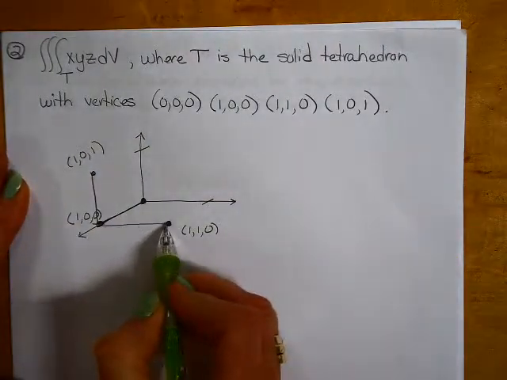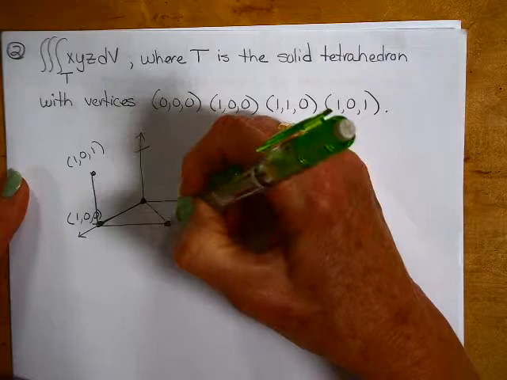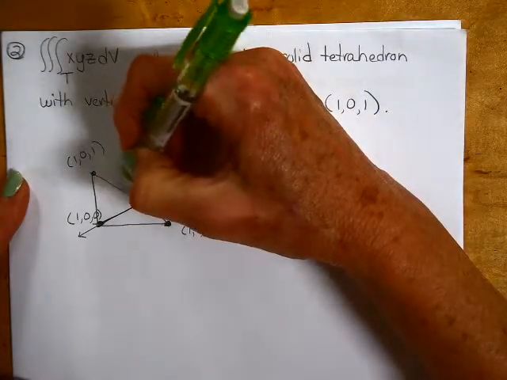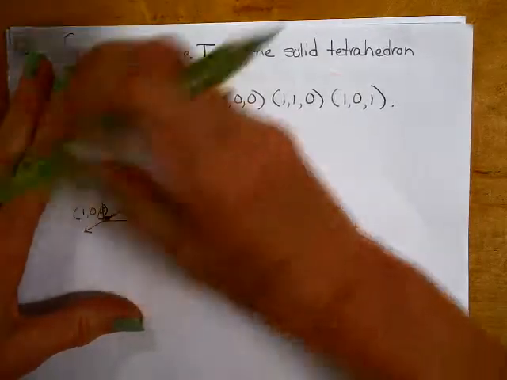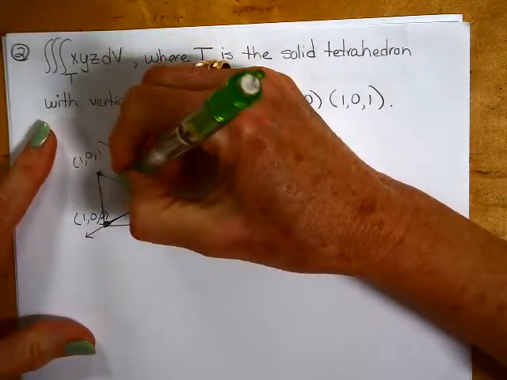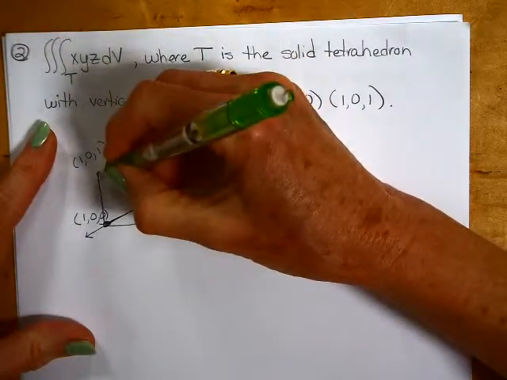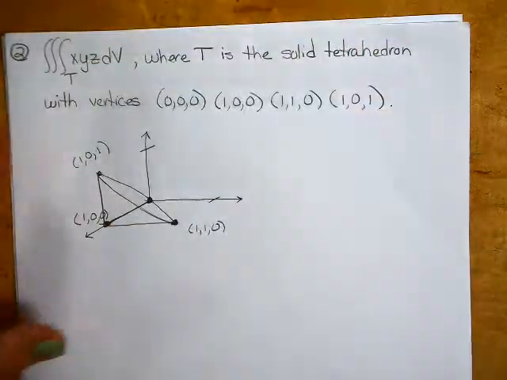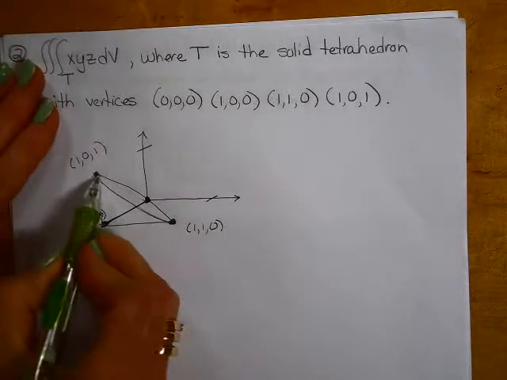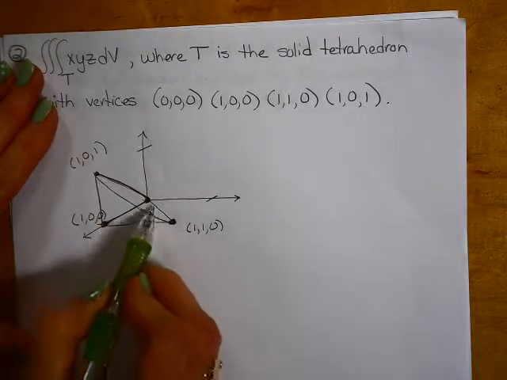Okay, so let's see what I've got here. It's kind of hard to see here. The way I've drawn this, that should obviously be a straight line.